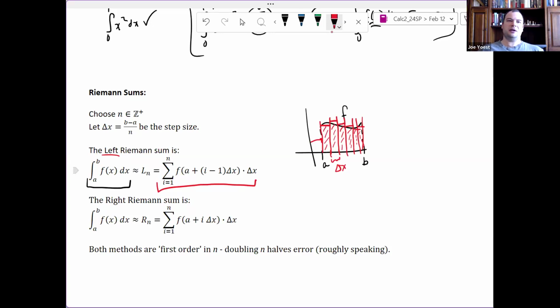Alternatively, I could have used the right Riemann sum where I take for the height reference the height of the function at the right endpoint of the subinterval. It's qualitatively a very similar process. The formula looks pretty similar. It's just a question of, do I use the left endpoint or the right endpoint?